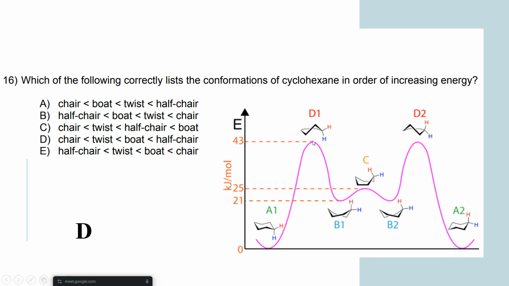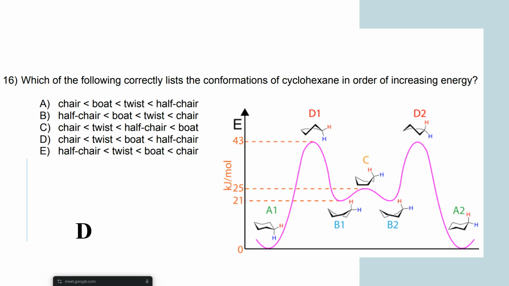Now, if we move from the half chair conformation to twist boat conformation, the energy now decreases from 43 to 21 kilojoule per mole. Further movement from the twist boat to boat conformation slightly increases the energy from 21 to 25 kilojoule per mole.